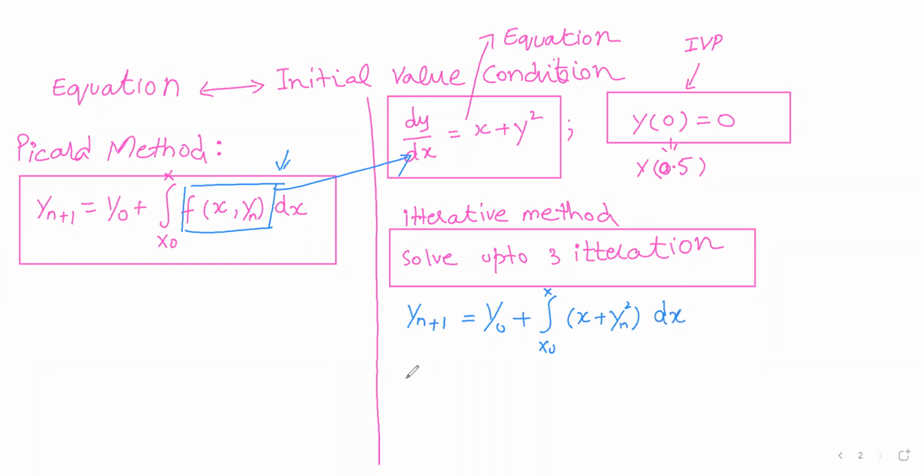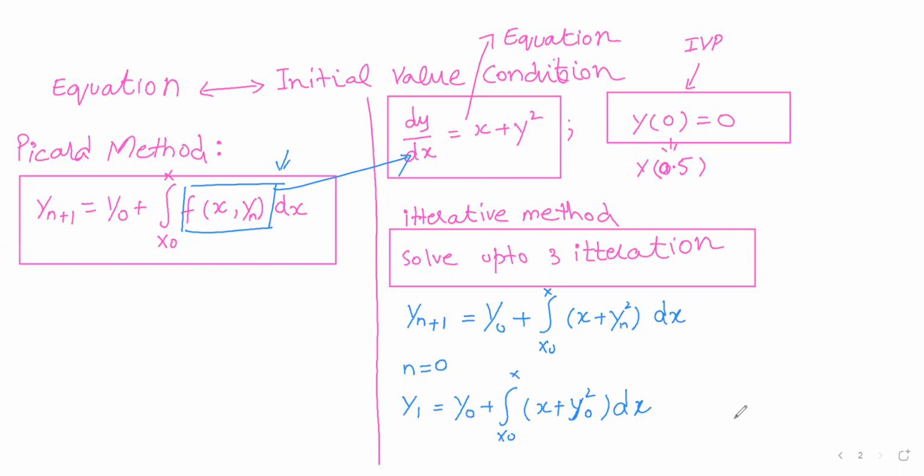If you put n equals 0, the equation will be y1 equals y0 plus the integral from x naught to x of x plus y0 squared dx.